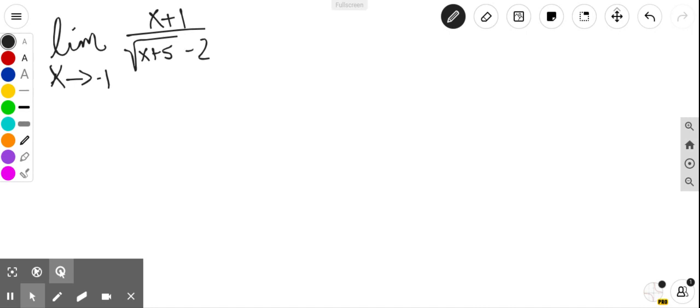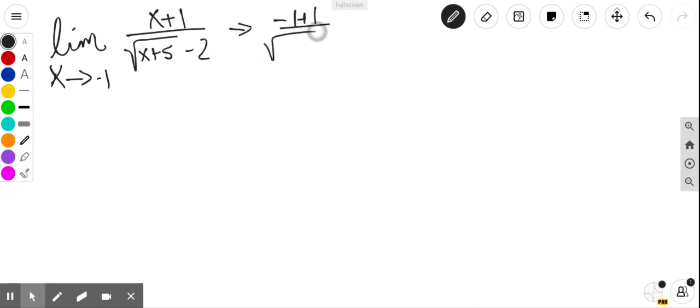So we're back at it, and if you notice, we have the limit as x approaches negative 1 of the x plus 1 quantity divided by the square root of x plus 5, which you subtract 2 from. So as always, you should try to just do a direct substitution. So if we do that, we should have negative 1 plus 1 over radical negative 1 plus 5 minus 2.